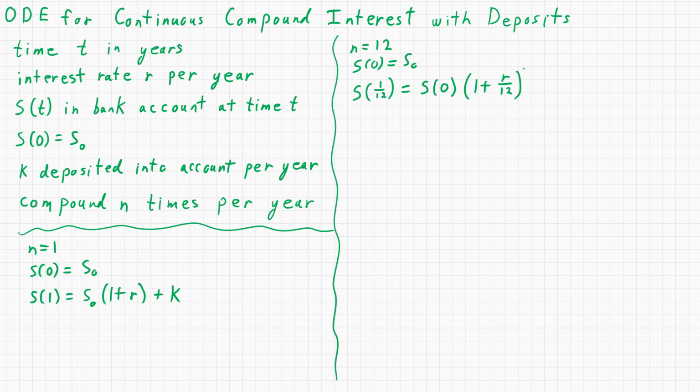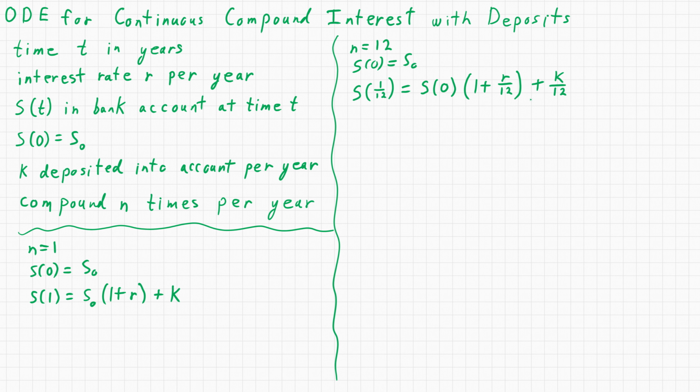Right, we're only doing 1 month, so it's not to the 12th power. Then it's plus K over 12. The reason K is over 12 is because if you deposit K amount per year and only 1 month has elapsed, then you're only going to deposit 1/12 of the amount you would deposit in a year. Right?